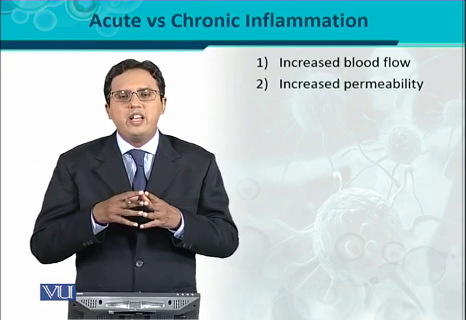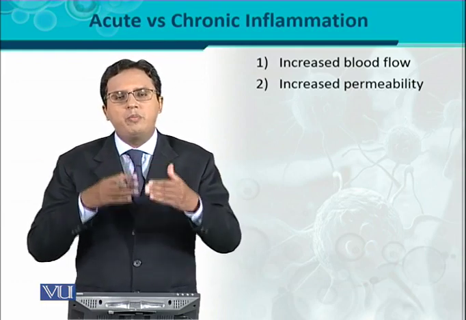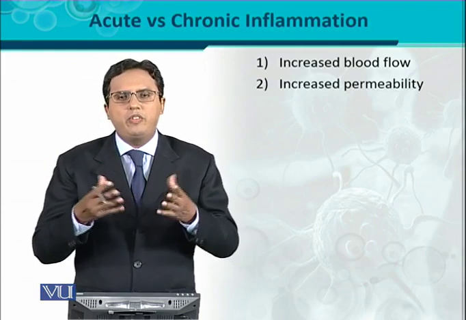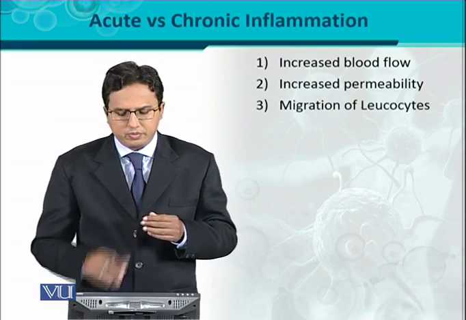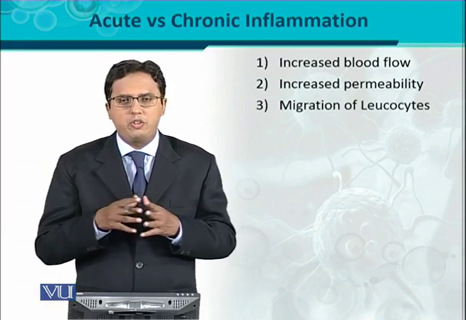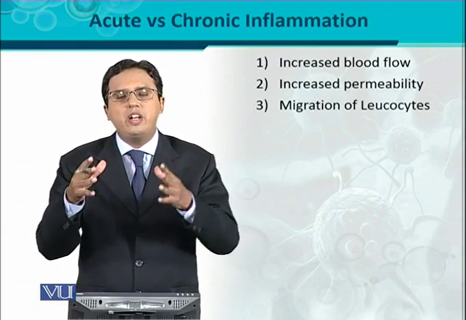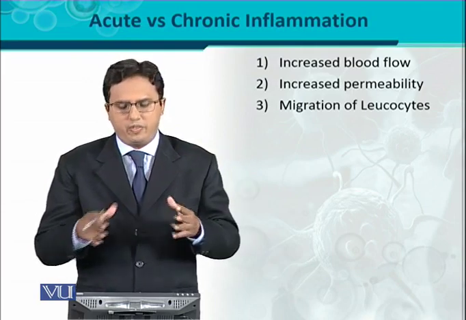Permeability means that the blood vessel through which the blood is passing will become more permeable. Permeable means that there would be leakage of the blood cells, or the fluid, outside of the tissue. And the third one is the migration of the leukocytes, means how the leukocytes have to travel, because those are inflammatory cells, and they have to move towards the site of inflammation.